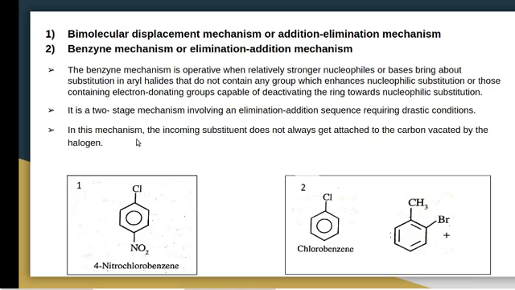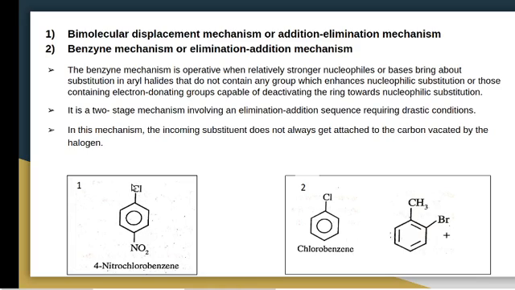In this mechanism, that means the benzyne mechanism, now we are discussing the benzyne mechanism here. In this mechanism, the incoming substituent does not always get attached to the carbon vacated by the halogen. In the first mechanism, the incoming nucleophile will get attached to the carbon vacated by the halogen.